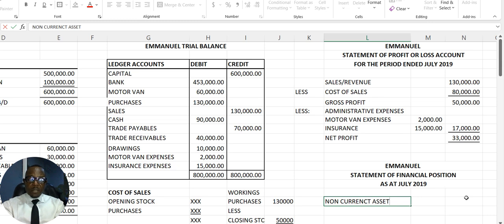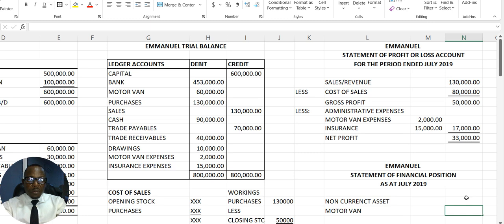Your non-current asset is comprised of items like your motor van, like you stated here. So your motor van is how much? 60,000.